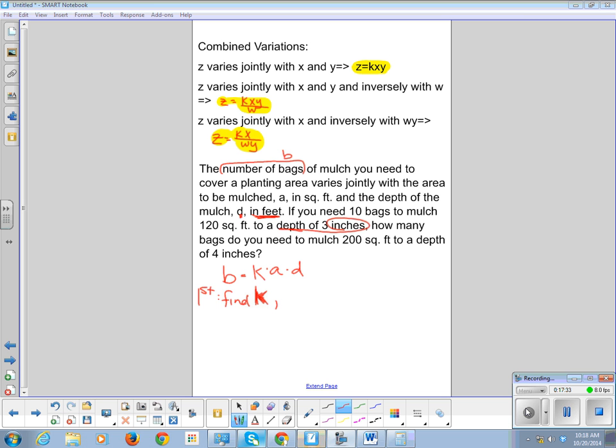And all my chemistry students who thought, oh, we only have to do dimensional analysis in chemistry are saying, right, I'm going to use dimensional analysis.